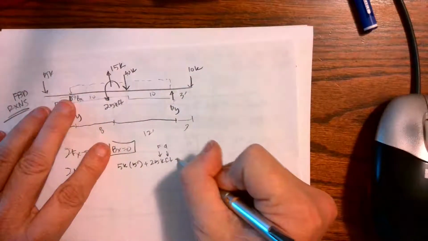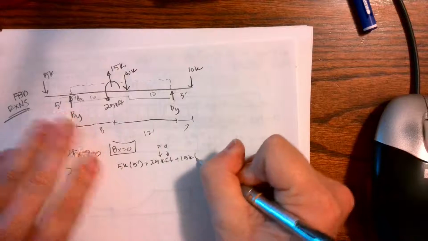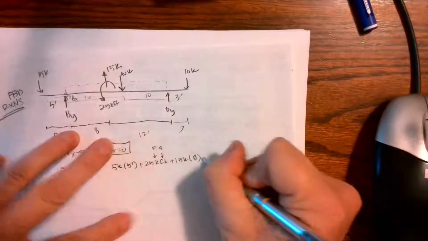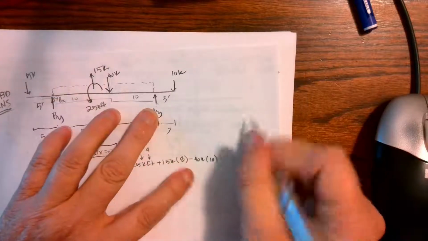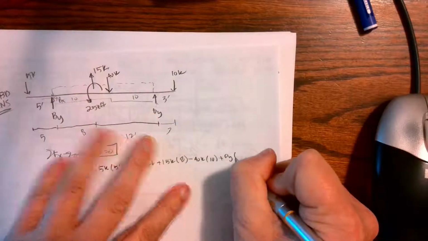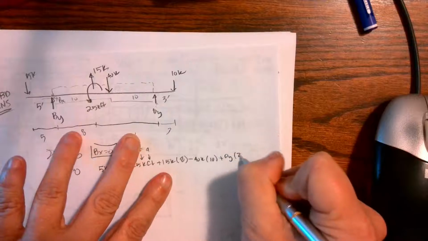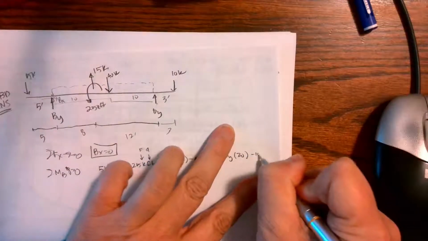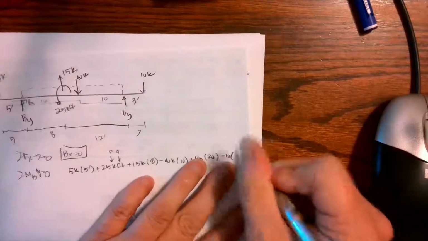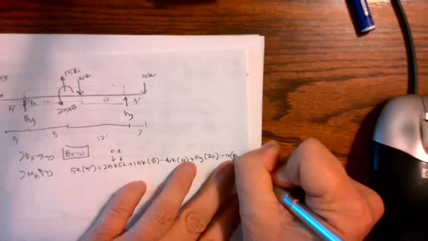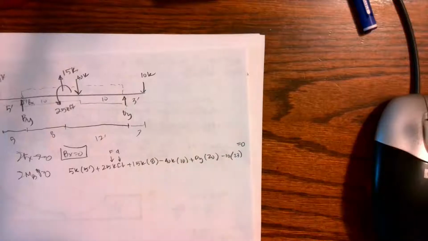I can see that that's positive rotation, so I have plus 15 kips times 8. And then I have minus 40 kips times 10, plus dy times 8 plus 12 is 20, minus 10 times 23. And all of this equals 0.